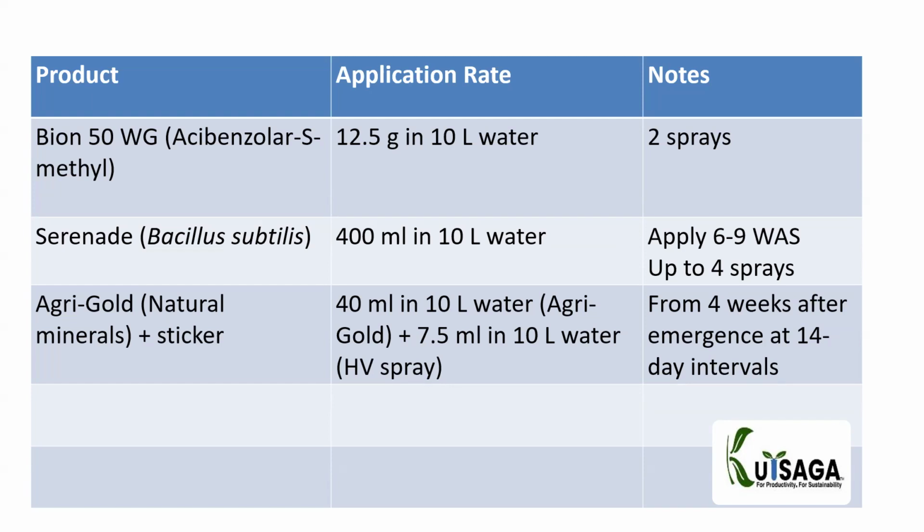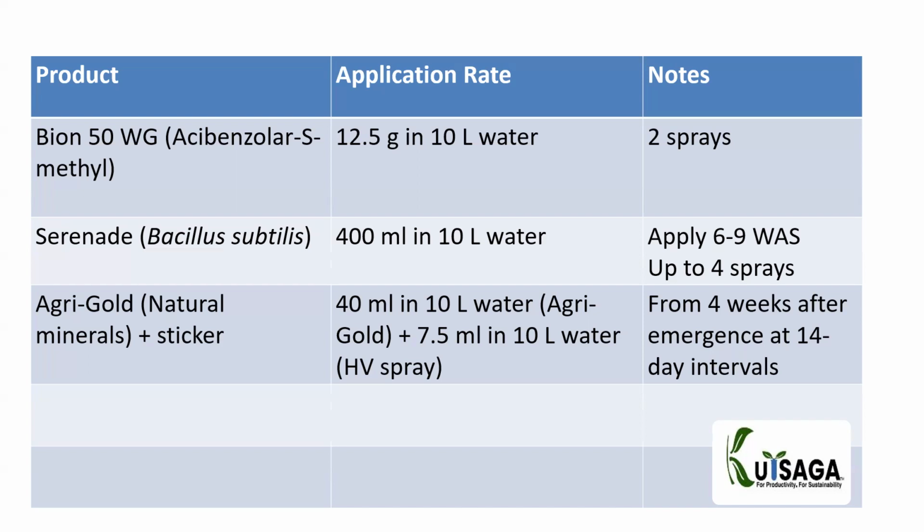And for this product, we recommend 2 sprays during the seedbed season. And the recommended rate is 12.5 grams in 10 liters of water. We don't recommend more than 2 sprays because it becomes sub-economic for you to do so.